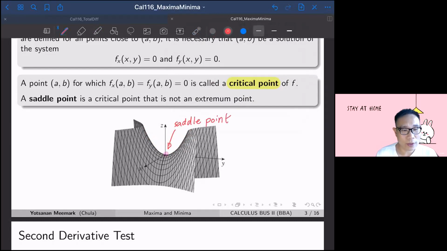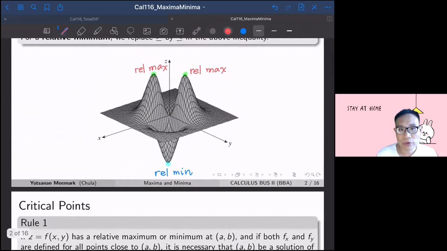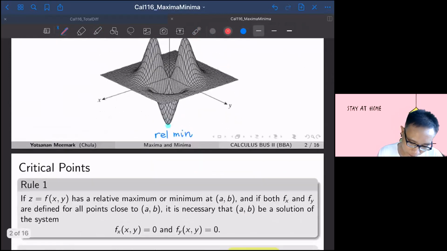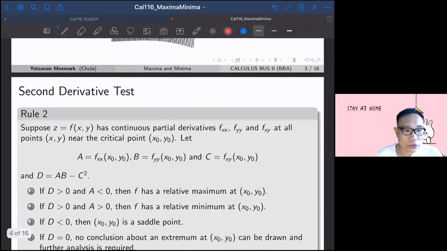So these are the three kinds of points that we're going to determine: relative maximum, relative minimum, and saddle point. The tool that we use to determine them is called the second derivative test.